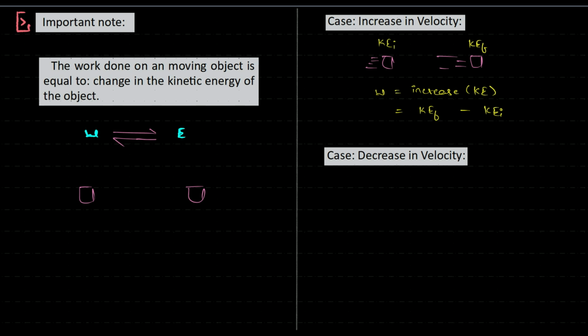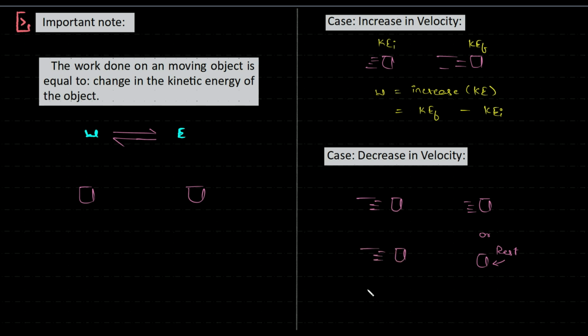Now, what if things are not in this manner? What if we have an object already moving with a particular speed, but we decrease its speed? In some cases, we can get it to rest also. So what is the funda over here? Here too it is the same thing.